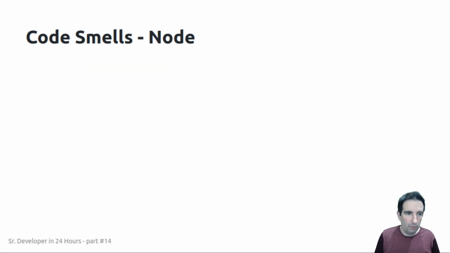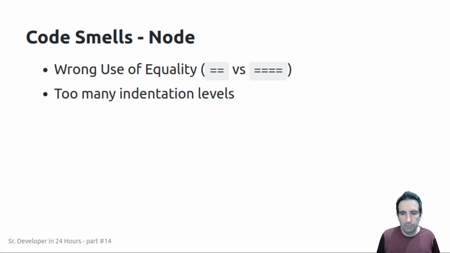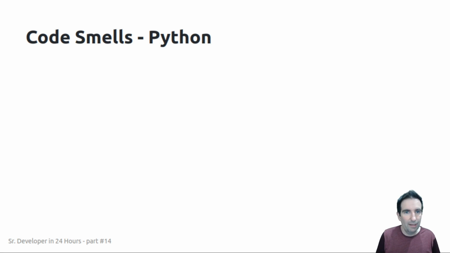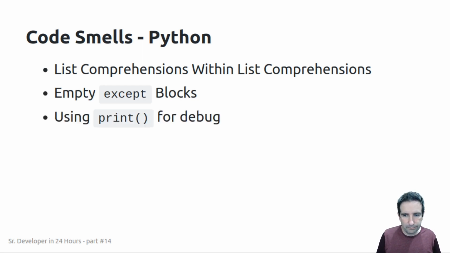If we're talking about Node.js, using the wrong kind of equality, using 2 equals as opposed to 3 equals, too many indentation levels, functions that do too much. If we're talking about Python, list comprehension within list comprehensions, empty exception blocks, using print for debugging.